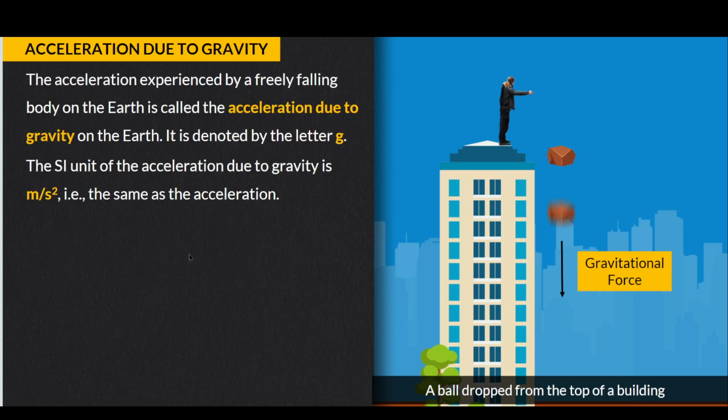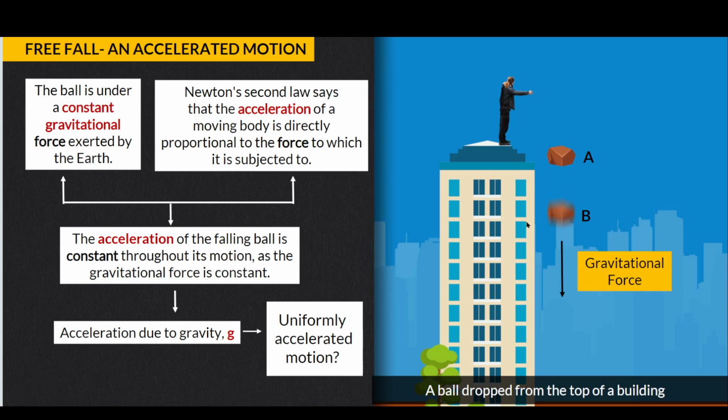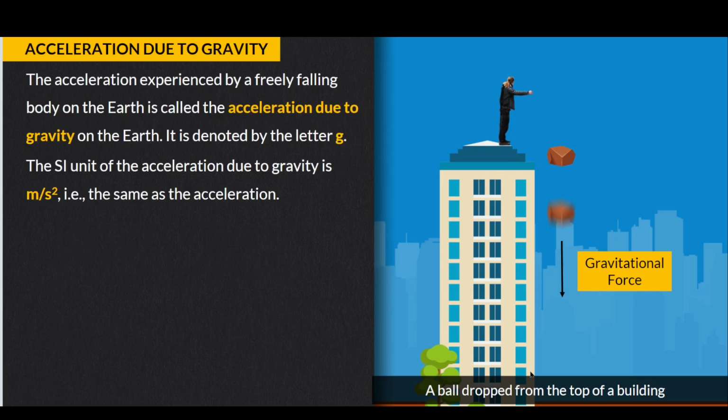So the acceleration of a falling ball is constant throughout its motion as the gravitational force is constant. It is fixed. So the acceleration due to gravity, we represent it with small g, which is uniformly accelerated motion, because velocity is increasing but in a uniform way.